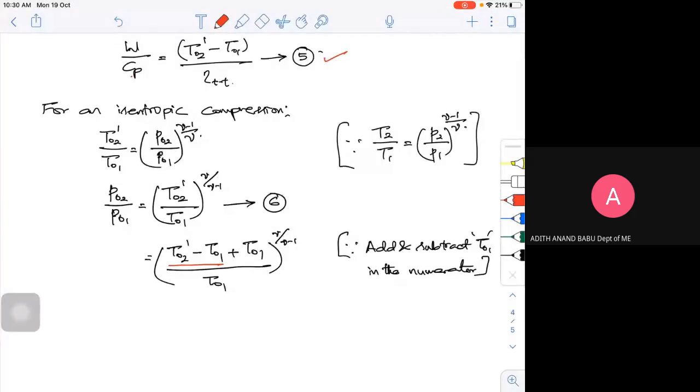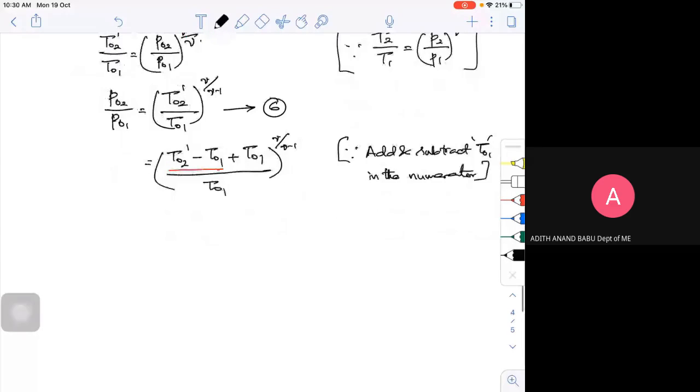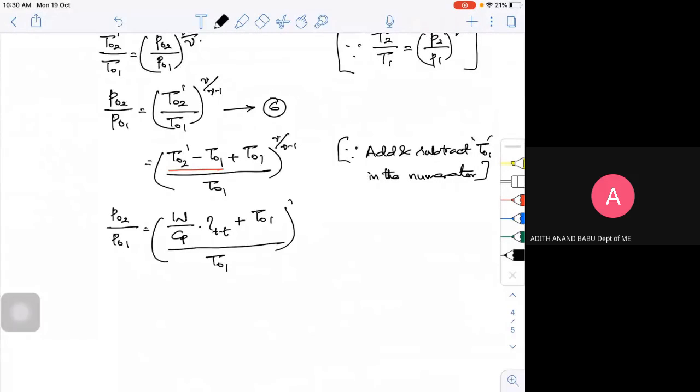I can substitute over here, so the pressure ratio equation can be written as P naught 2 by P naught 1 is equal to W by Cp into total to total efficiency plus T naught 1, whole thing divided by T naught 1, whole to the power of gamma by gamma minus 1. I got this expression.